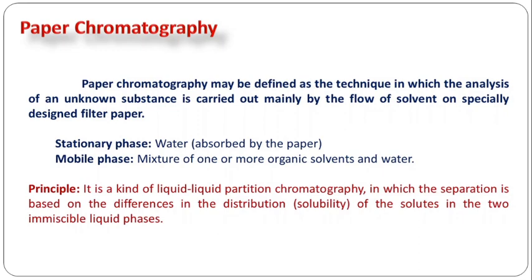The solids which are more soluble in the stationary phase move slowly, while those more soluble in the mobile phase move fast. Thus, the different solids move at different rates and appear as different spots at different places on the paper. This is the principle for the separation in paper chromatography.